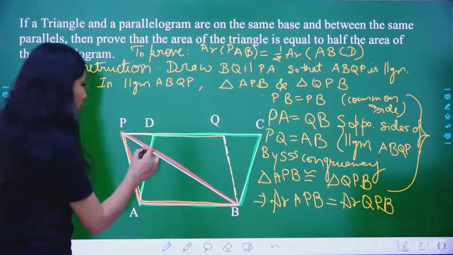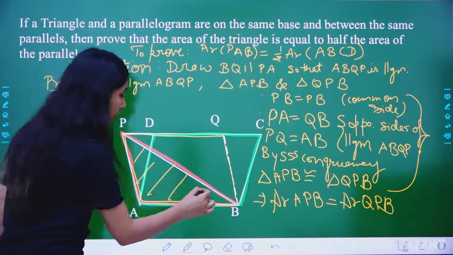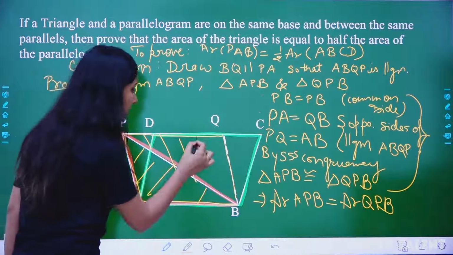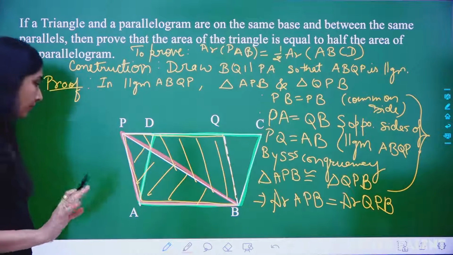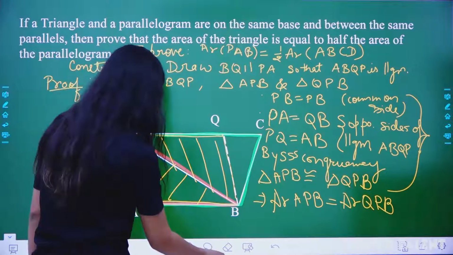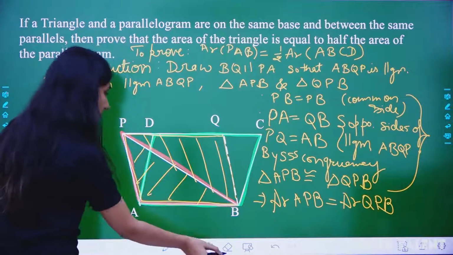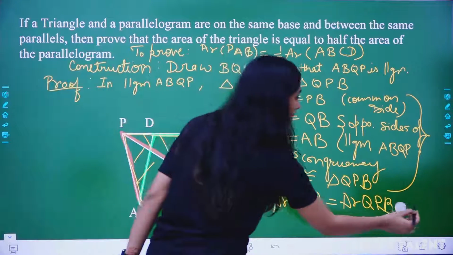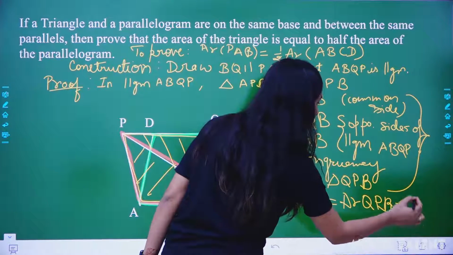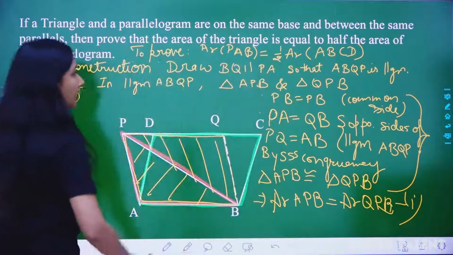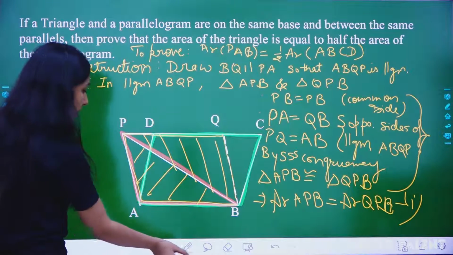That means these two triangles are having the same area, right? Okay. Have it as the first equation. Okay, so we have this as the first equation.